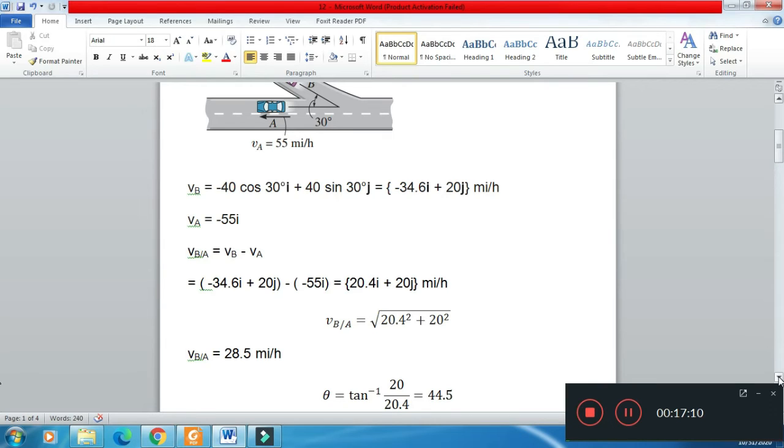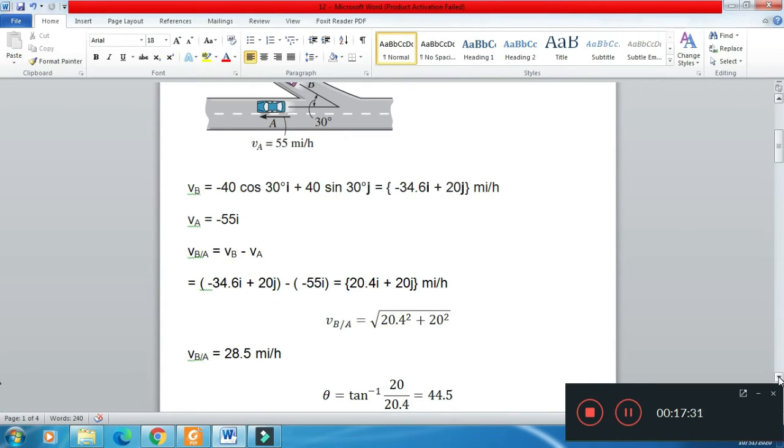Then from the point of view of A, the velocity of B will be less than 40. It is 28.5. This is the same as the concept of the simple cases.